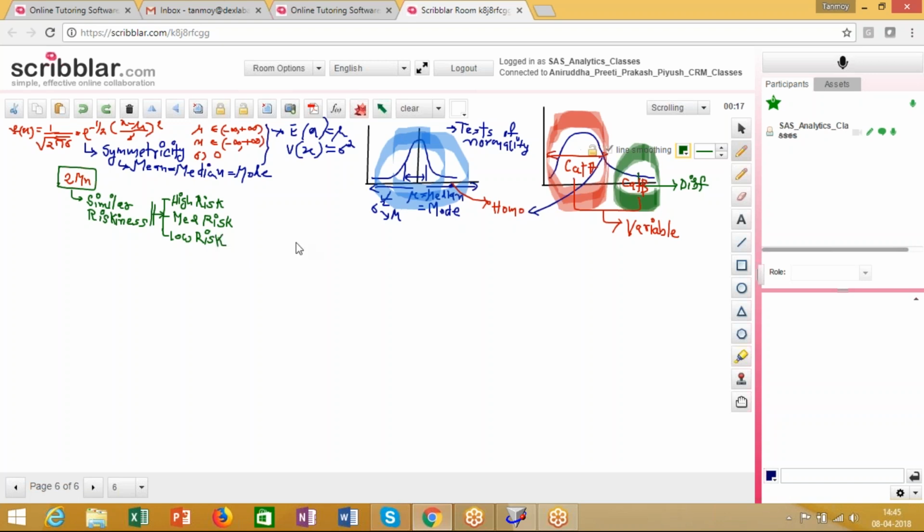So there are three broad types of risk: high risk, medium risk, and low risk.